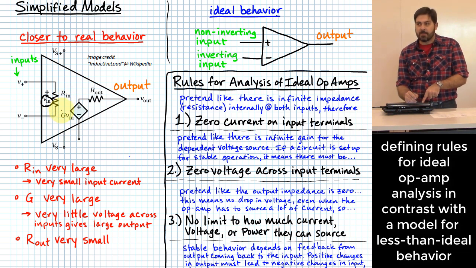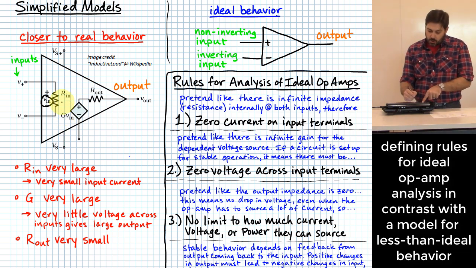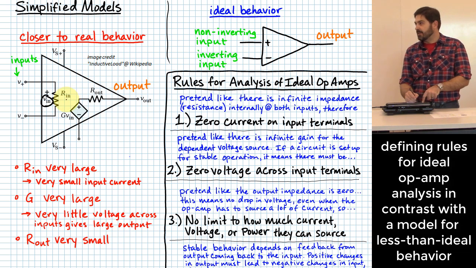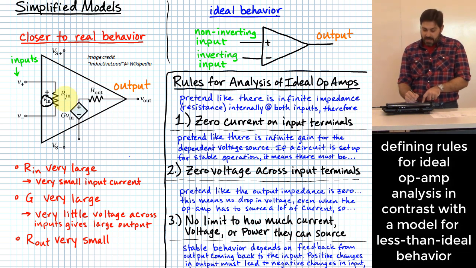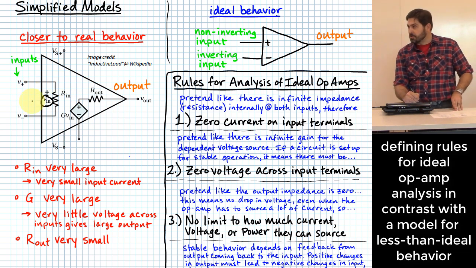If you're an op-amp manufacturer and you'd like to tout your op-amp relative to others, you say, look how big my Rin is. They sometimes call that an input impedance. If that is really, really high, that means you can put voltages across these two terminals and it will cost very little energy.